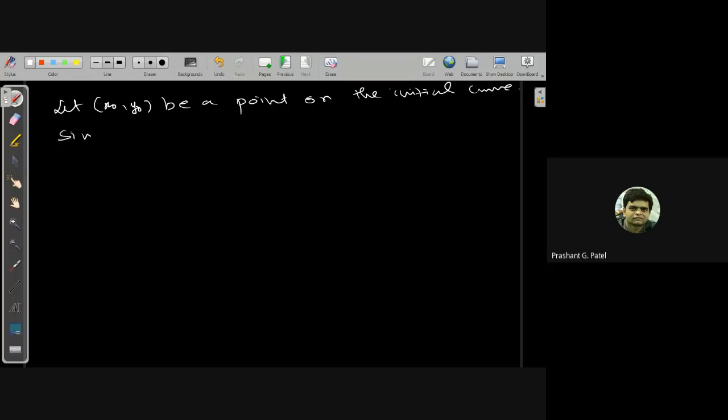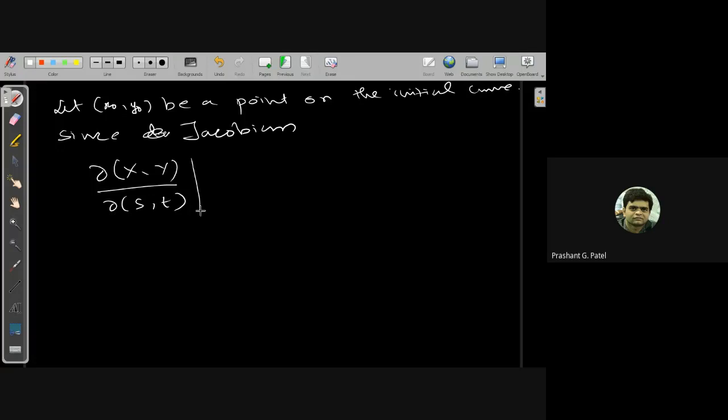Since the Jacobian, that is the gradient, del of (x,y) with respect to (s,t) at t equal to 0, will be Fq dx0/ds minus Fp dy0/ds, is non-zero.